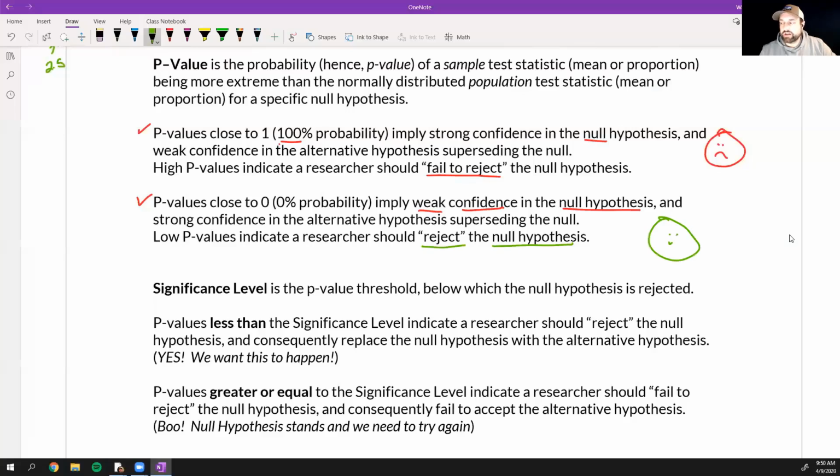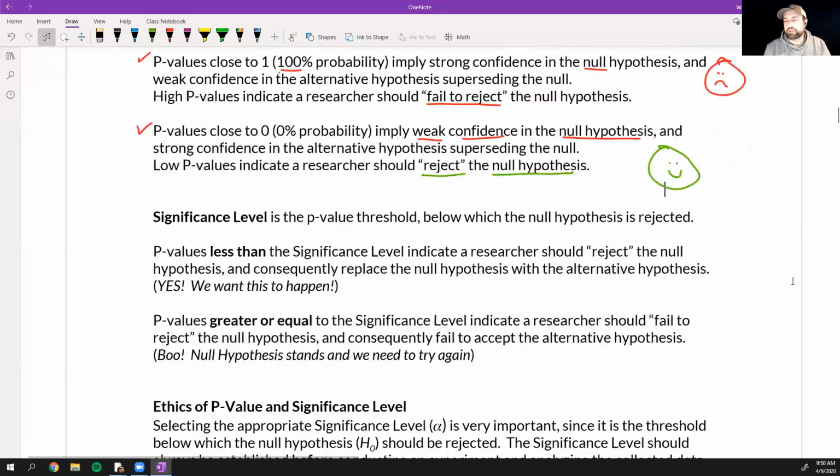And that makes us happy, because if we reject the null hypothesis, if we reject the existing hypothesis, if we push the king off the mountain, our hypothesis becomes the new king of the mountain until someone comes and tries to push us off, right? And so the significance level is the threshold below which the null hypothesis is rejected.